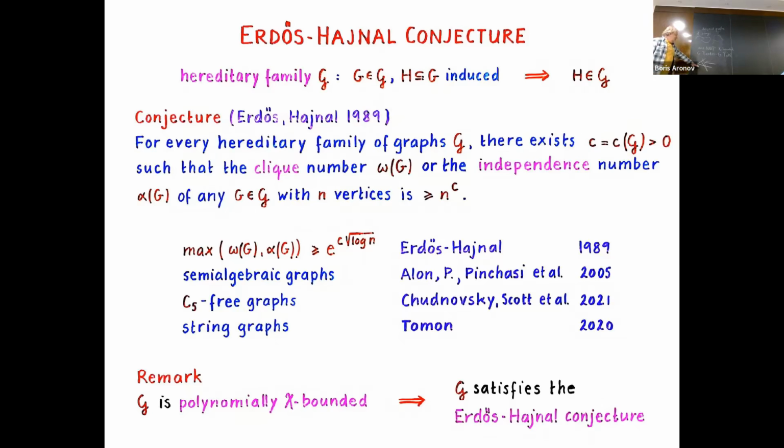So if we have a bunch of such objects, that disjointness graph, this means that we assign a vertex to each of these things. Two of them are connected if they are disjoint. This class of graphs is already not chi-bounded.